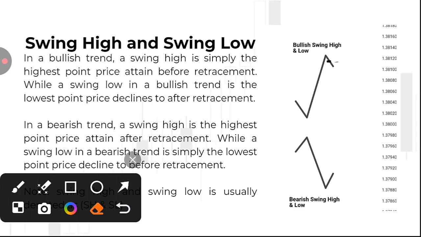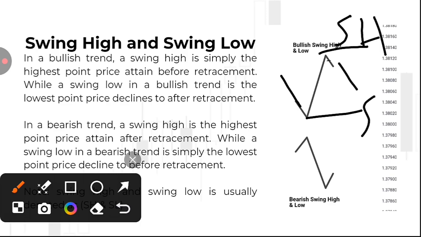This is the highest point that price attained before retracement, and that is what is called a swing high. And right there is the lowest point, the lowest point price declines to after retracement. Remember, I said this is a retracement, so this one is also a retracement. So this is called a swing low. Hope you get the point now.